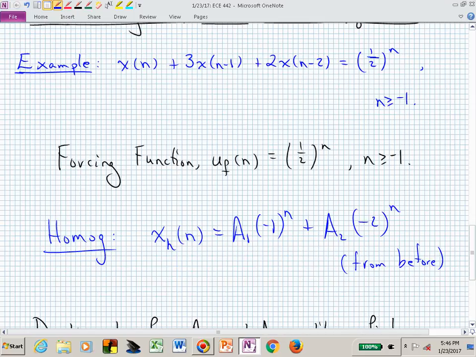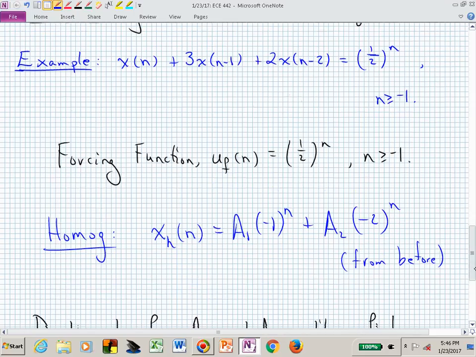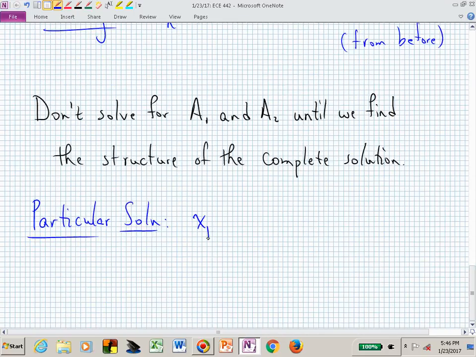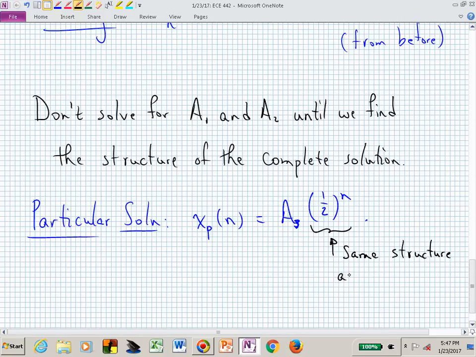Our particular solution structure now, which I will denote as x sub p of n, is now going to be some constant, which we need to find. I'll just say a sub 3, since we've already used up a sub 1 and a sub 2, times 1/2 to the n, where this is what I'm saying is the same structure as the forcing function.